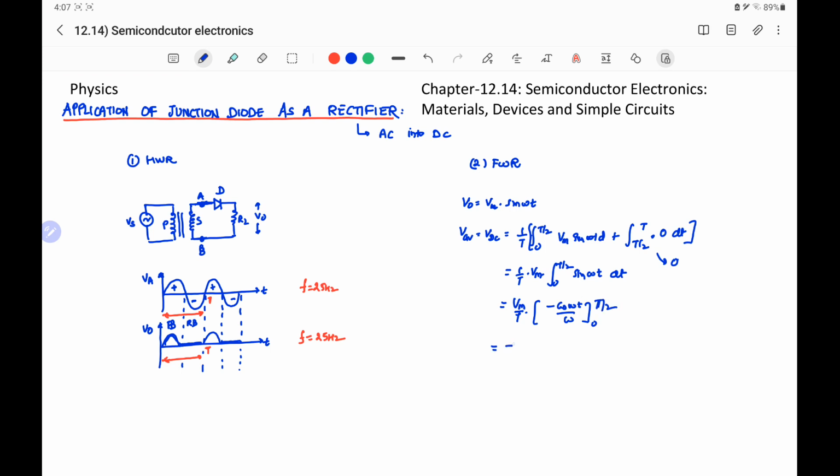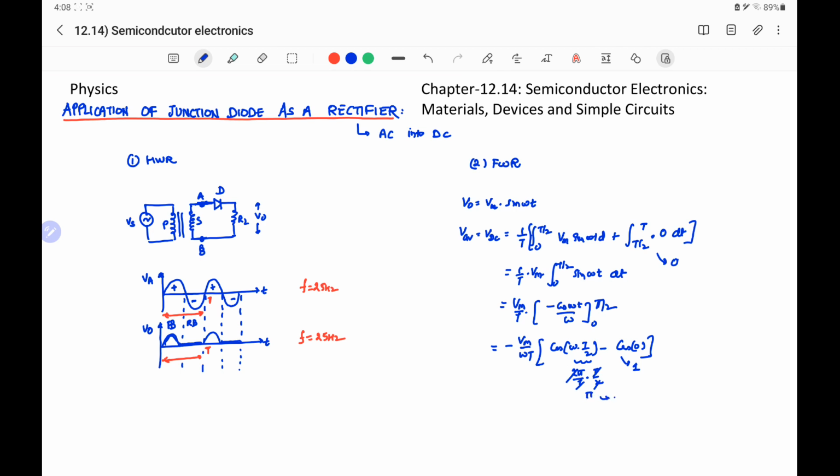It will be equal to minus Vm by omega T, and then we put the upper limit, cos omega into T by 2, minus the lower limit, cos 0. Cos 0 is 1. Omega T by 2 is 2 pi by capital T into T by 2. T and T get cancelled, 2 and 2 get cancelled, and it simply remains pi.